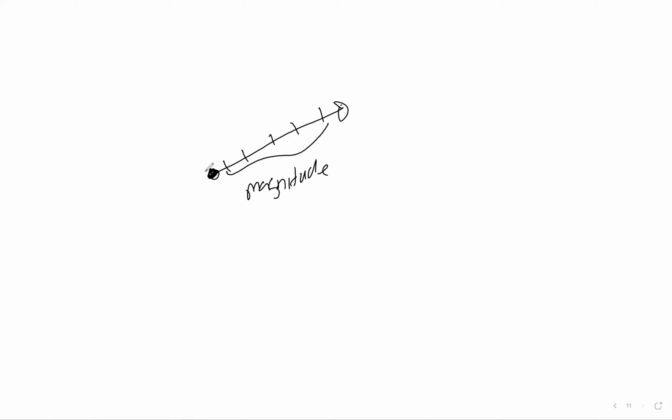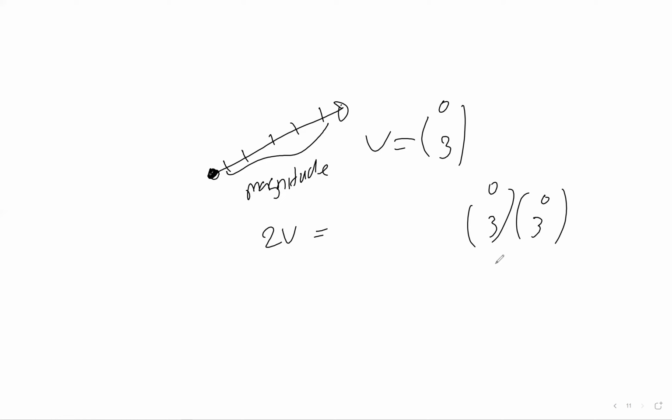So when you're multiplying vectors, just one question where one of the students is asking me that if we have a vector 0 and 3, and that is equal to V, then what is 2V? The way that you write it when multiplying a vector, that does not mean that you have to get 0, 3 times 0, 3. It's not like this.